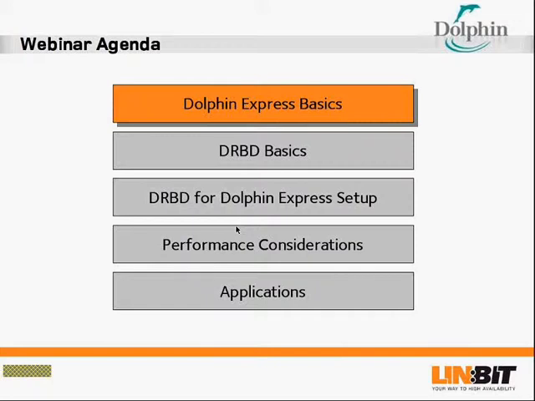We're then going to take a look at performance considerations, particularly the very, very positive impact that the DRBD and Dolphin Express combination has on reducing latency for highly available replicated storage solutions. And of course, we're going to go over some of the applications that will benefit greatly from this new combination.